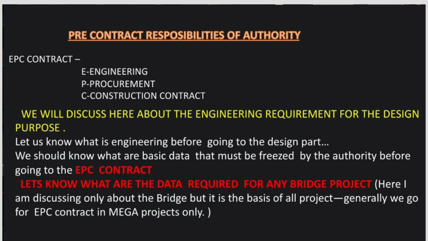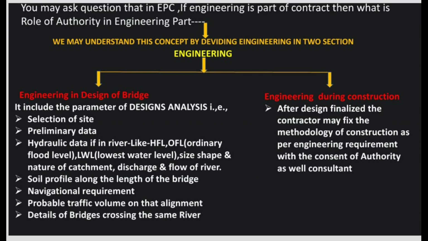Meaning, what are the data required for bridge projects? Here I am discussing bridge projects, but it is applicable to all types of projects. If we are working on mega building projects, you need all the basic and relevant data for the buildings. To understand the engineering data required, we can divide the engineering into two sections: engineering in design of the bridge, and engineering during construction.